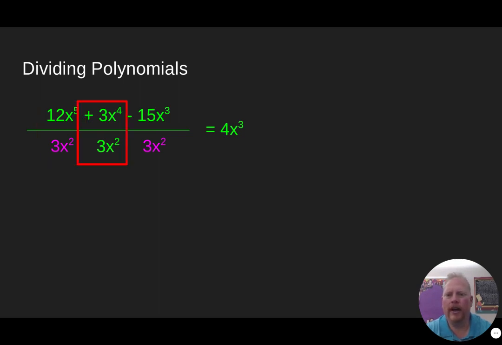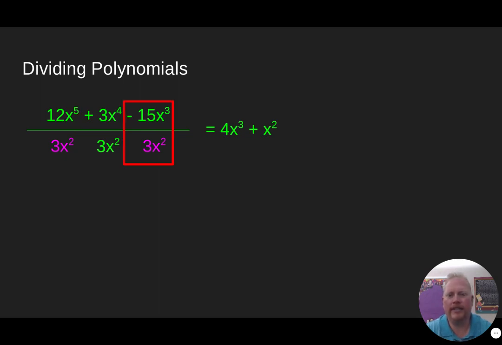So what if I've got 3x to the 4th over 3x squared? Well, the 3's are going to cancel out. You could put 1 there and then subtract your exponents, and we get x to the 4th over x squared. That just makes x squared.